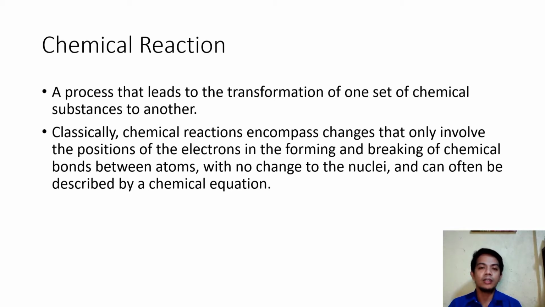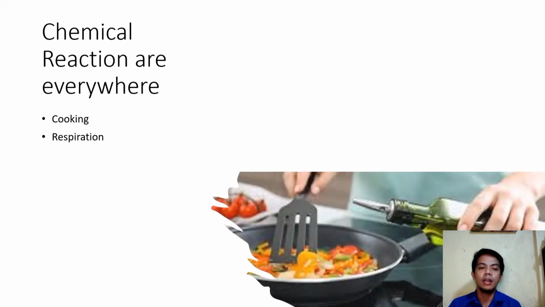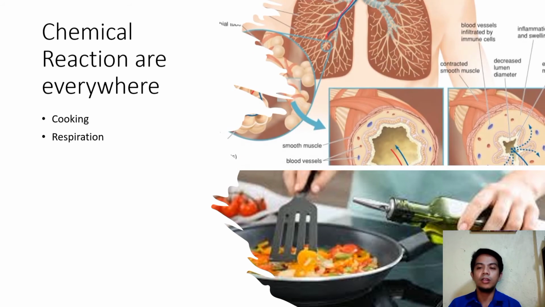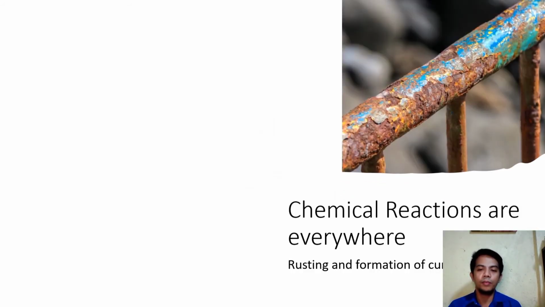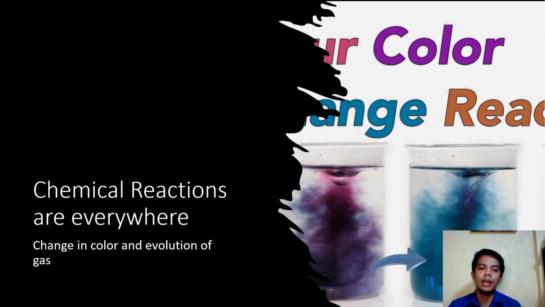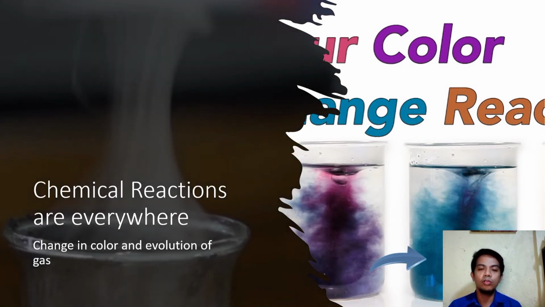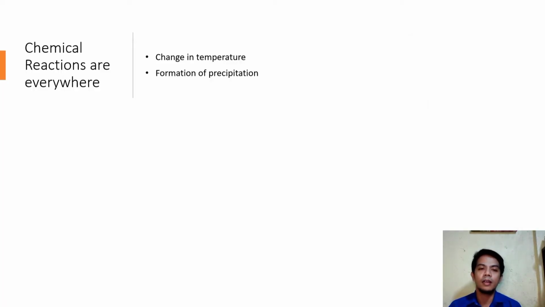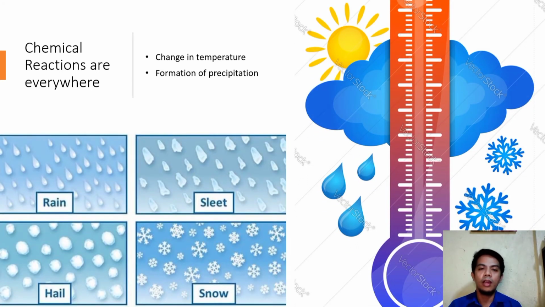Chemical reaction can be found and observed in many things, like cooking and respiration, roasting, and formation of curd, in changes in color and evolution of gas, change in temperature, and formation of precipitation.